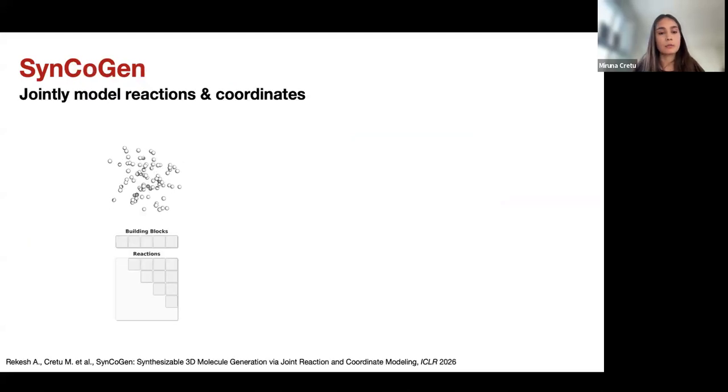I just wanted to give a short intro into some other line of work that I've been doing, which is called Syncogen. It's a model that jointly generates reactions and coordinates. It's a joint discrete diffusion and continuous flow matching model where you start from a noise distribution and evolve that into a coordinate distribution of molecules through continuous flow matching.